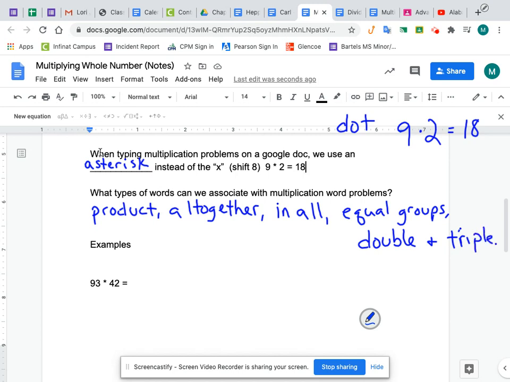Those are some words that we could commonly associate with a multiplication word problem.